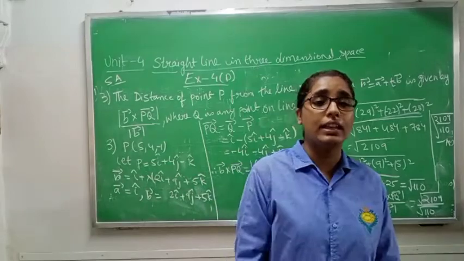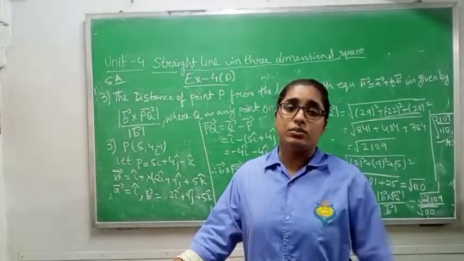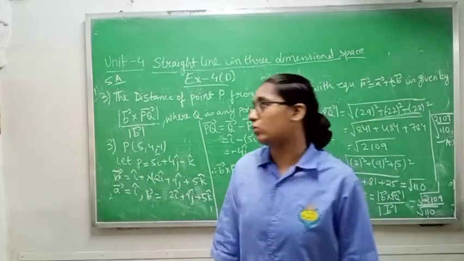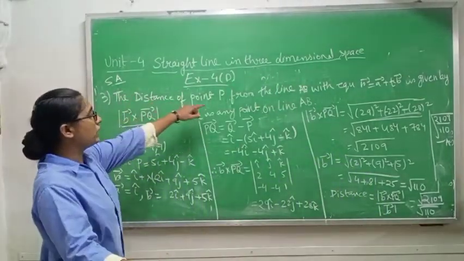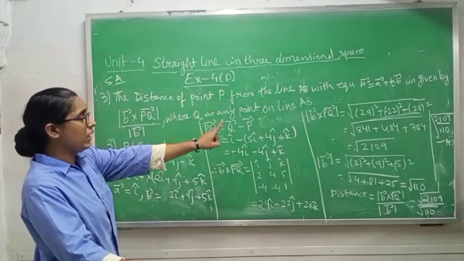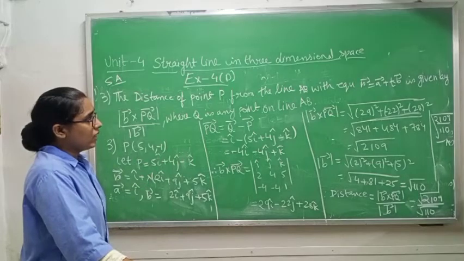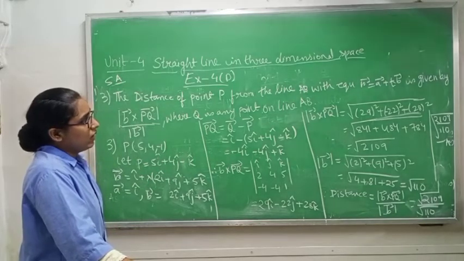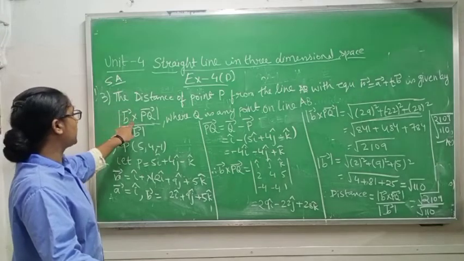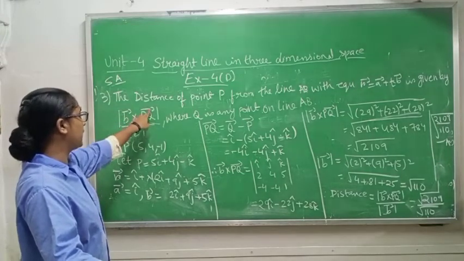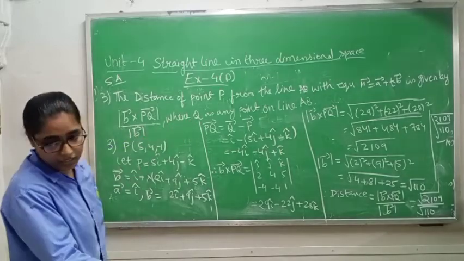The formula is: the distance of point P from the line AB with equation r vector equals a vector plus t b vector is given by mod of (b vector cross pq vector) by mod of b vector, where q is any point on the line AB.